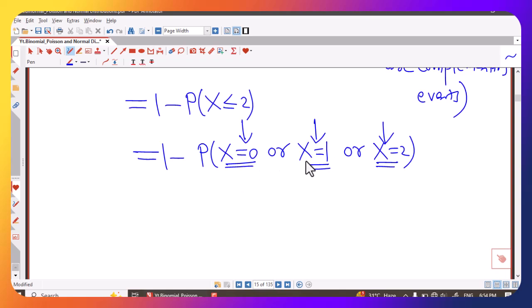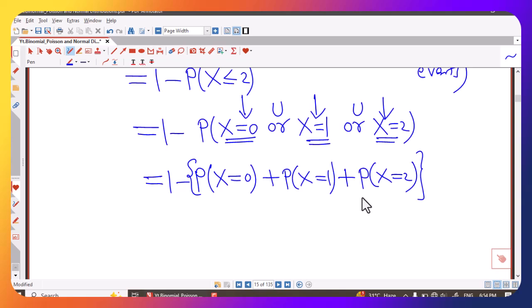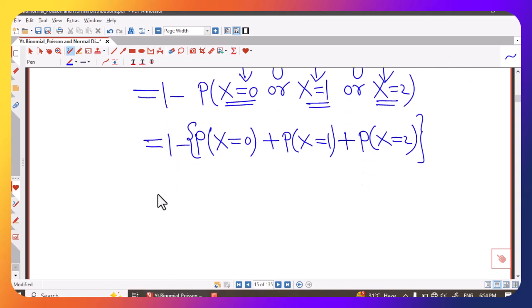So these events are mutually exclusive, and 'or' means we are considering the union of these three events, and they are mutually exclusive. Therefore the probability of their union is given by the addition of their probabilities using the addition rule for probability. So here I am applying the addition rule for probability of mutually exclusive events.